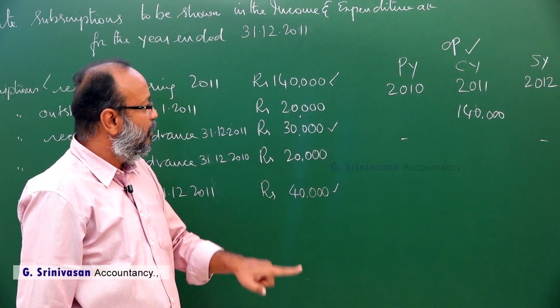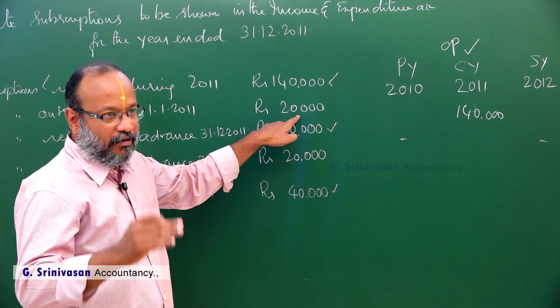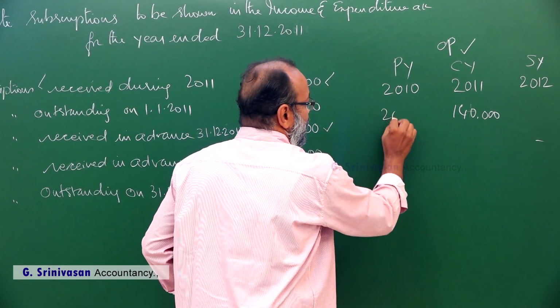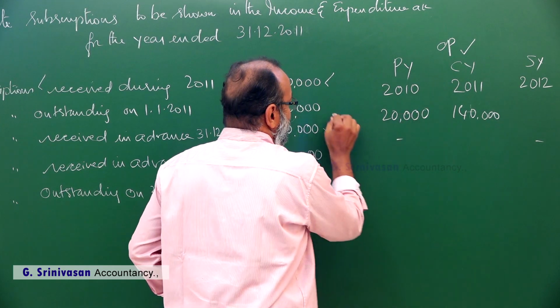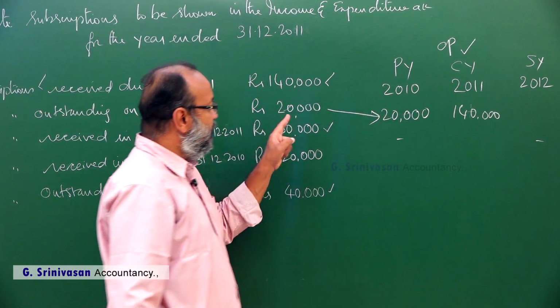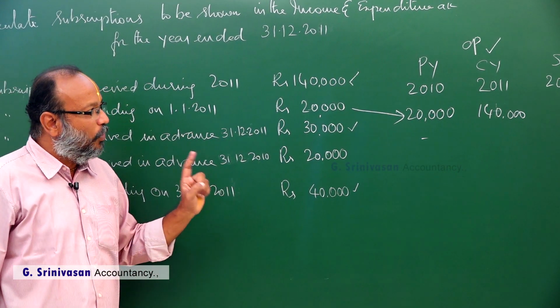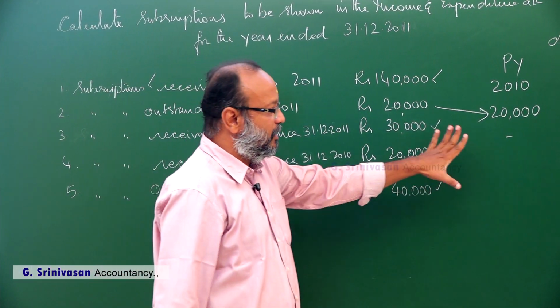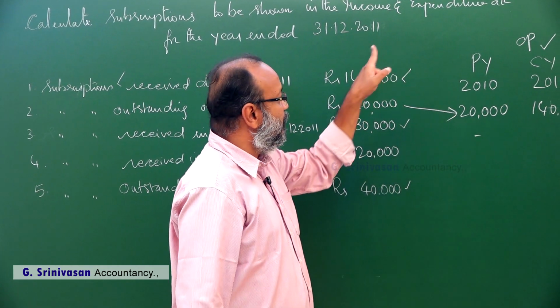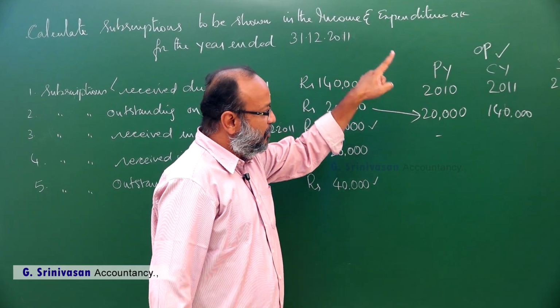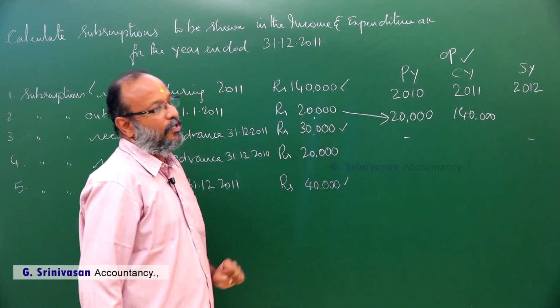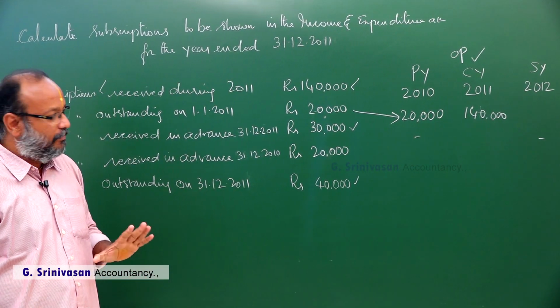What does it mean? This 20,000 is related to the previous year. This 20,000 was outstanding on 1/1/2011, and during the year we have collected that amount. That amount is included in this 1,40,000. It is not related to the current year, so we have to deduct that 20,000 from this 1,40,000, right?